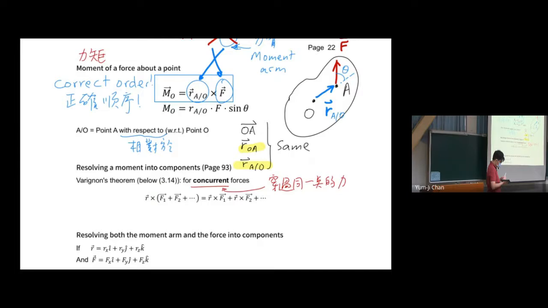For F1 and F2 that meet at a point, it is okay. But if F1 and F2 are parallel, this is not.